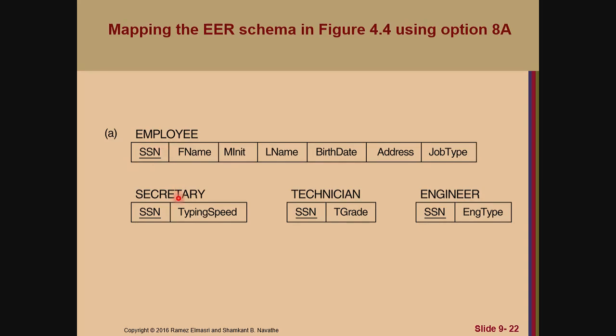For each subclass, we have 3 subclasses. Secretary, don't forget the primary key SSN and the foreign key also. Technician, SSN is the primary key, and engineer, SSN is the primary key.